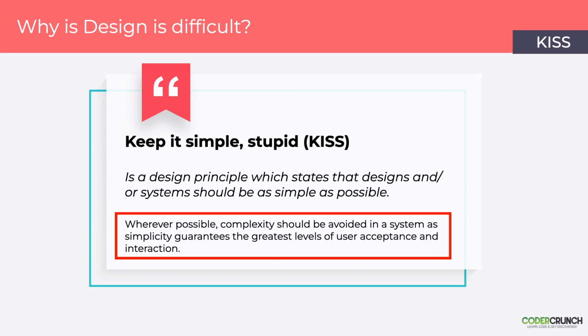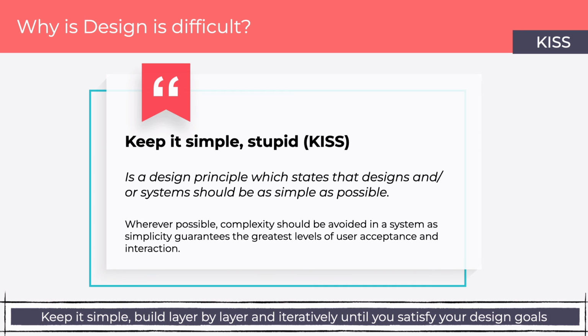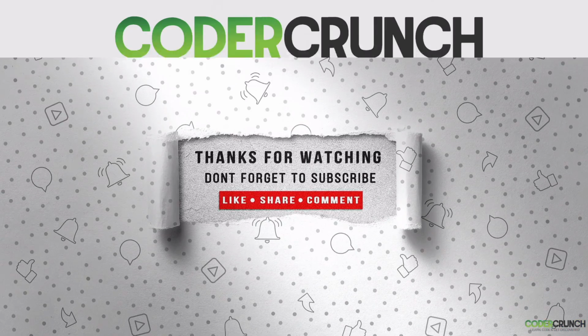Wherever possible, complexity should be avoided in a system, as simplicity guarantees the greatest level of user acceptance and interaction. So what should be our approach to system design? I would say keep it simple, build layer by layer, and iteratively until we satisfy the design goals we care for. This concludes this video.